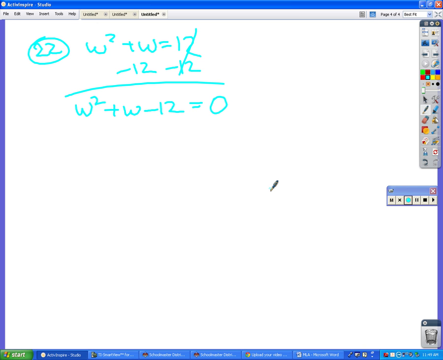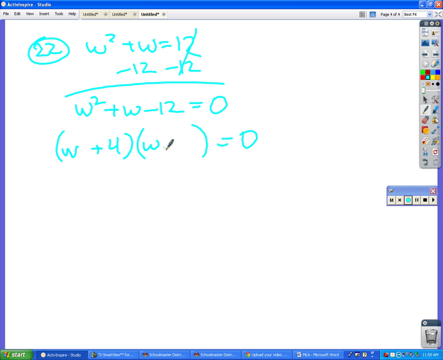So now I'm going to factor again. Two numbers that multiply together to be negative 12 and add to be 1. 1 and 12 doesn't add together to be 1. Negative 3 and 4?